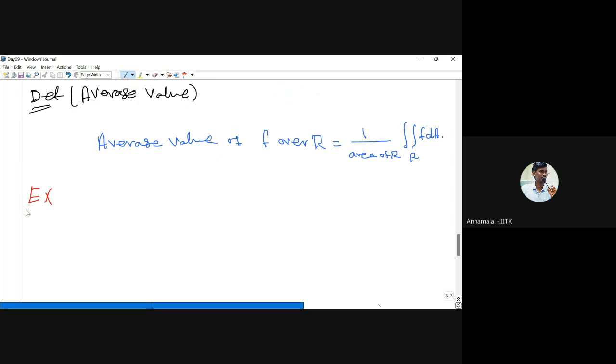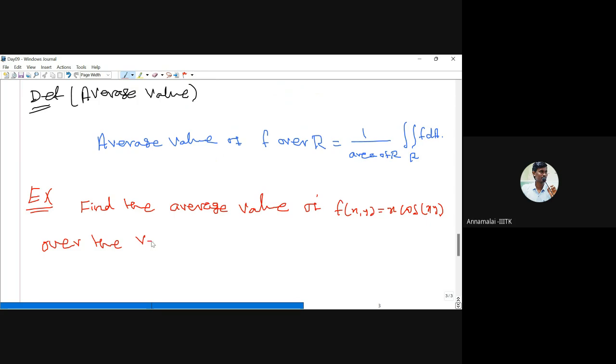So exercise: find the average value of the function f of x comma y, given by x into cos of xy, over the rectangle R defined to be x bounded by 0 and 1, and y also bounded by 0 and 1.